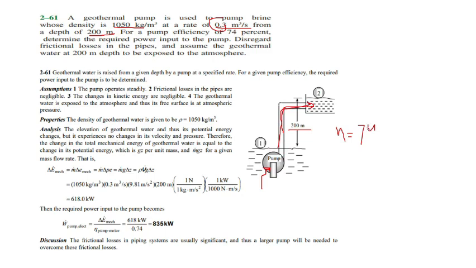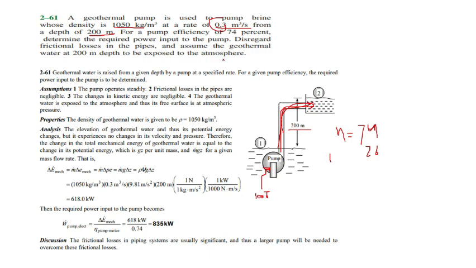If the efficiency is 74%, it means that if you put 100 joules of energy into the pump, it can only utilize 74 joule of energy to push this water, and 26 will be lost against friction. Disregard frictional losses in the pipe, and assume the geothermal water at the 200 meter depth to be exposed to the atmosphere.